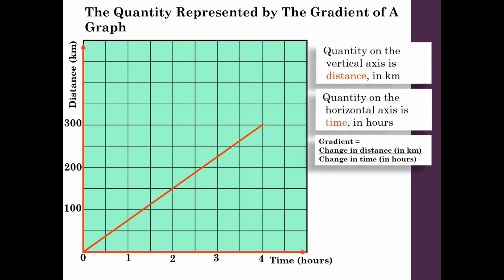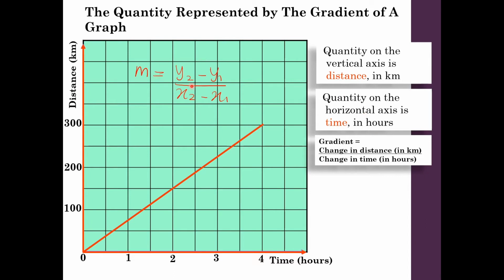The gradient, m, is equal to y2 minus y1 over x2 minus x1, if you still can remember. So y2 minus y1 means the change in distance, because here the value of y in our y-axis is distance.